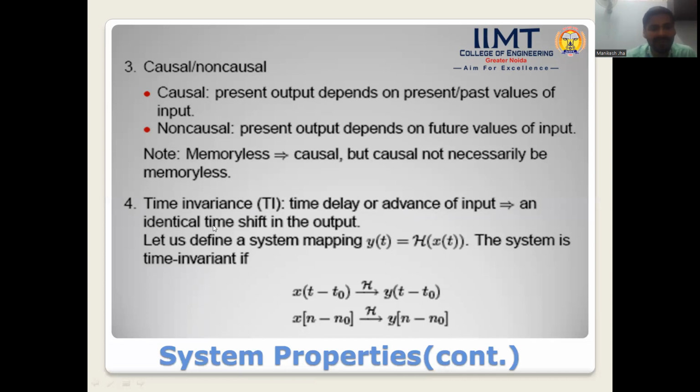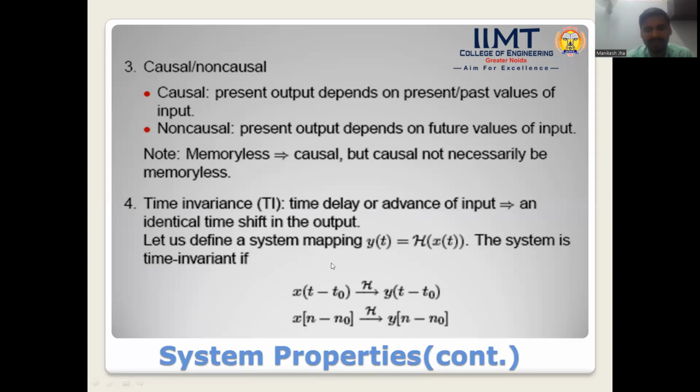Next one is time invariance. What is time invariance? A time delay or advancement of the input means an identical time shift in the output. If we time shift the input, then the same time shift will occur in the output. Then we can tell it is a time invariant system.